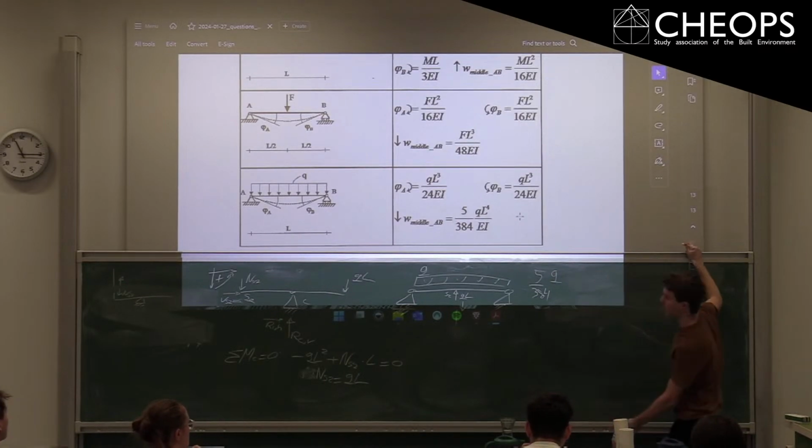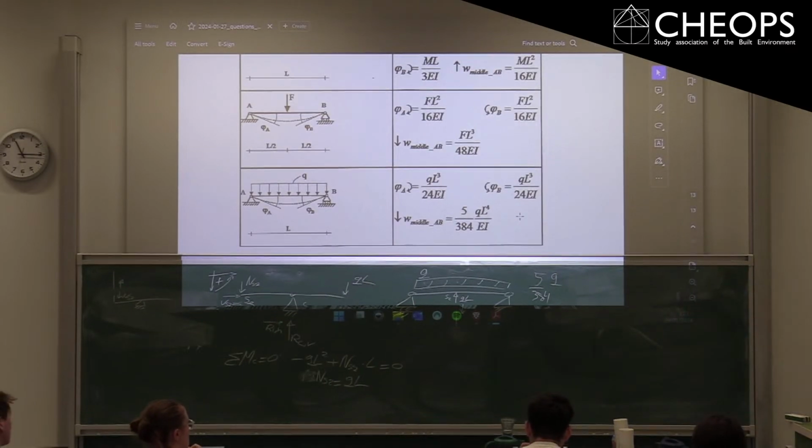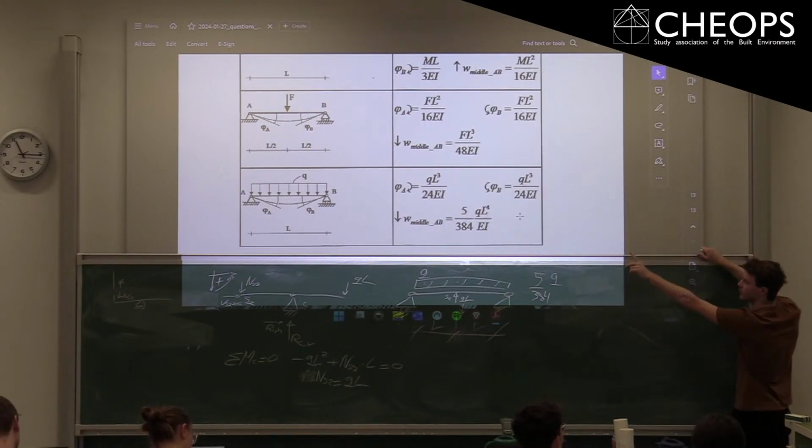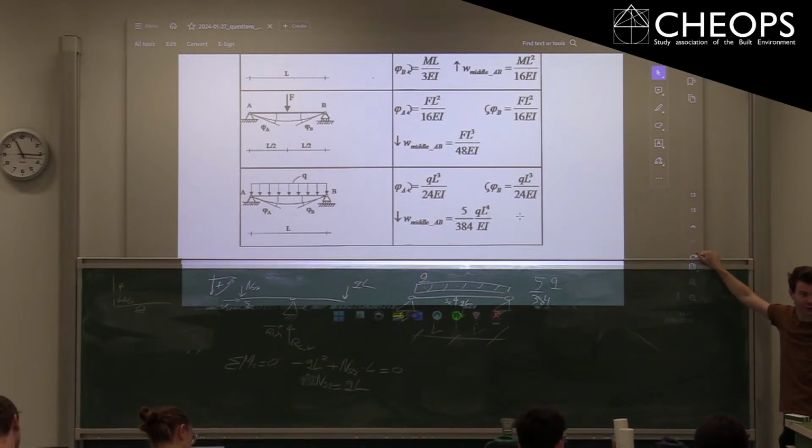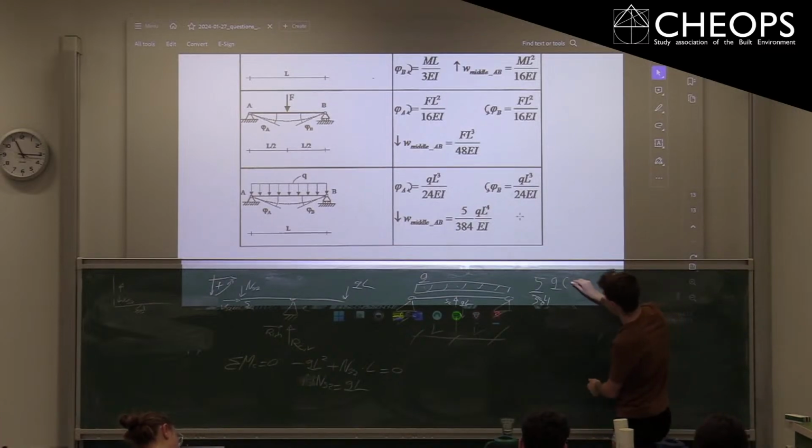Beware for that L, in our case, that beam is 2L, right? This length. This is twice L. So be also very aware these standard beam equations are always for 1L. Look carefully at your graph whether that's also the case. Often there is some kind of 2L. So this is Q, 2L squared, and then over EI.